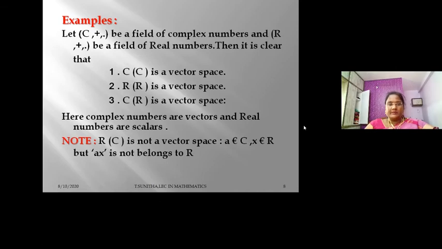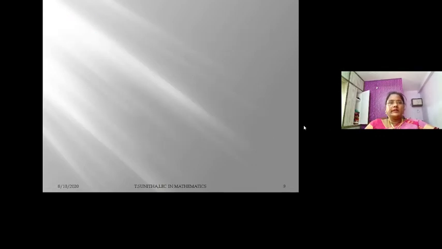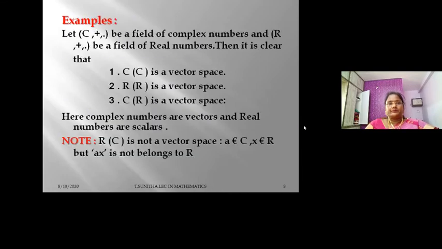Next, examples. So what are examples of vector space? You all know C is the set of complex numbers and R is the set of real numbers. It is clear already.